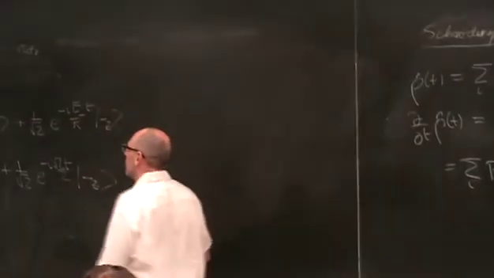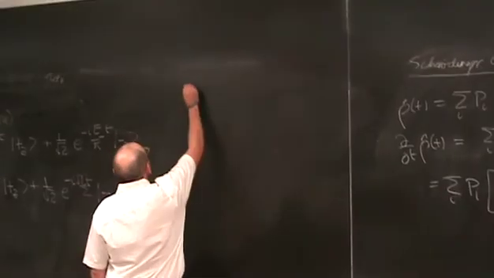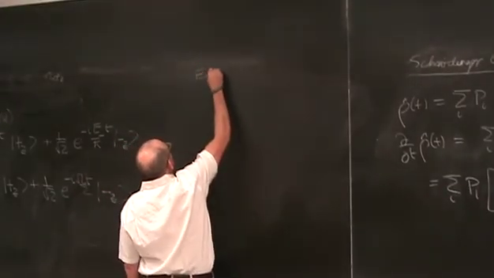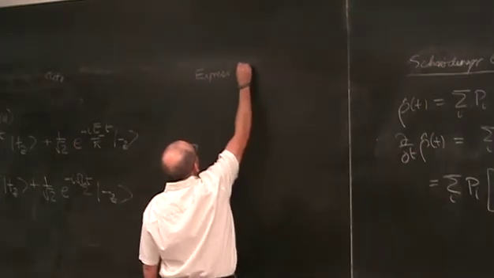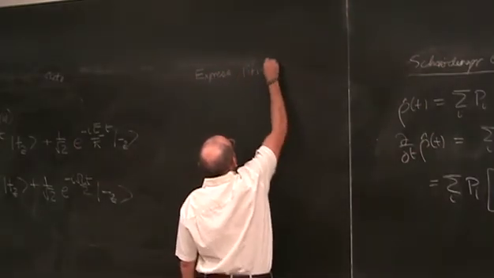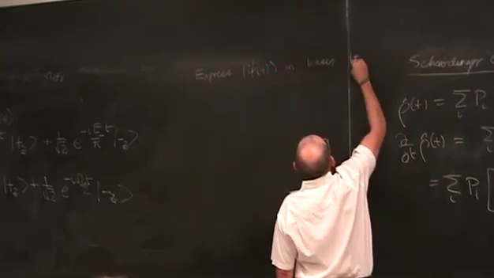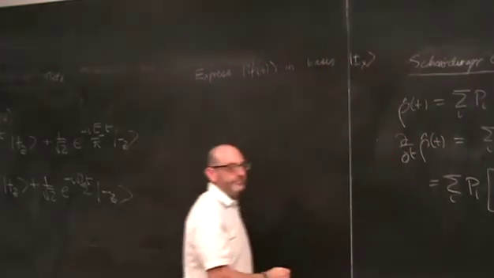Well, there's lots of ways to look at that. What we want to know is, let's express the state at a later time in the basis up and down along x.